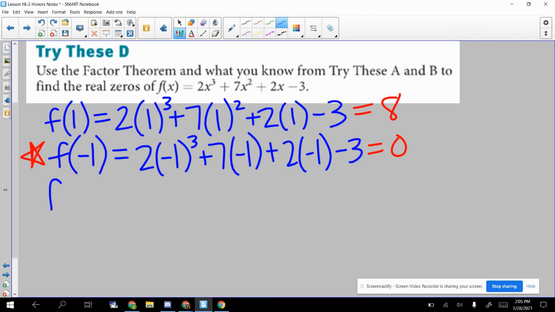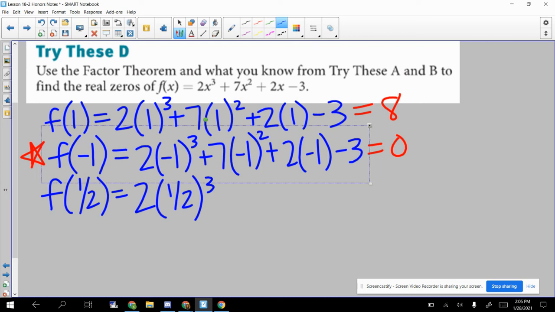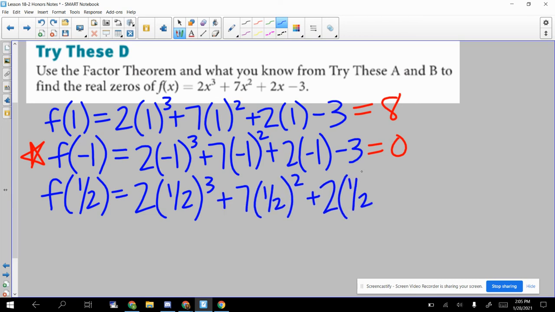So you plug in 1/2. Oops, that should have had a squared there. So this one is a little bit tedious as well, but again, if you do it in your calculator, it can go quite quickly. Okay, and then you could do -1/2.